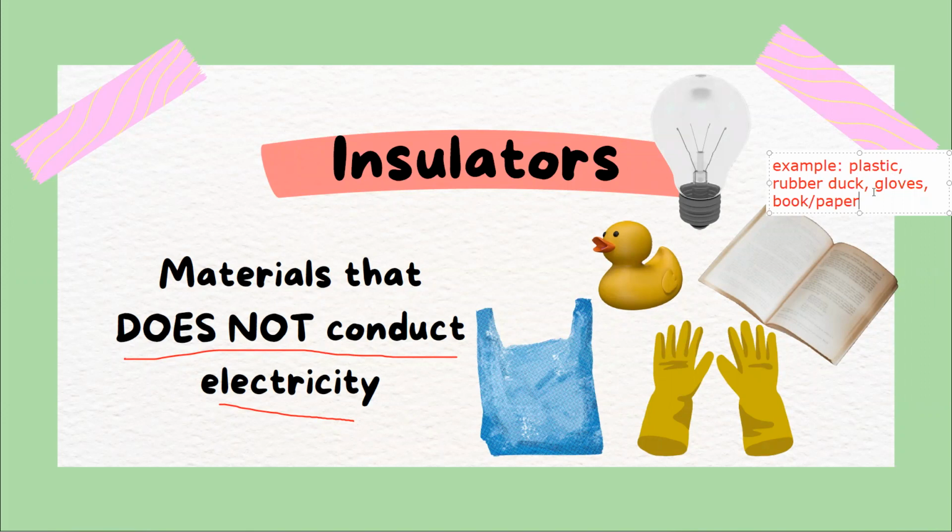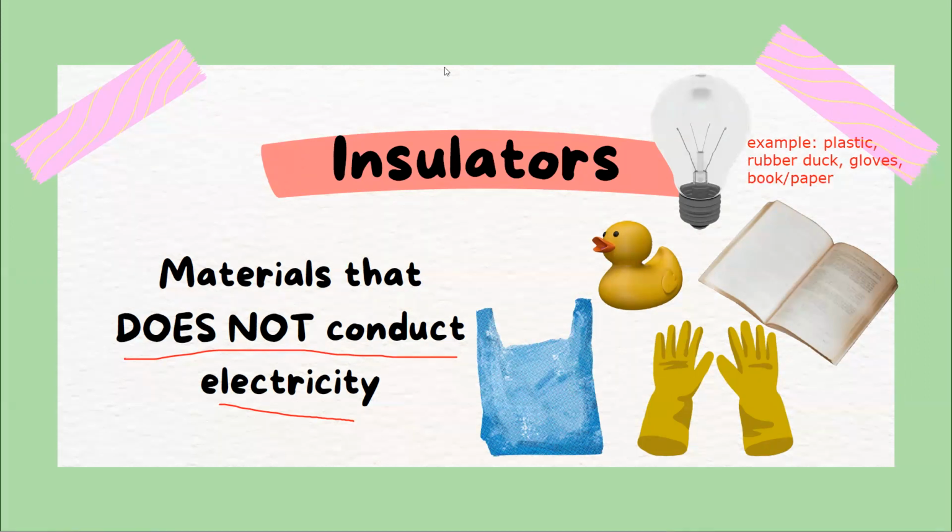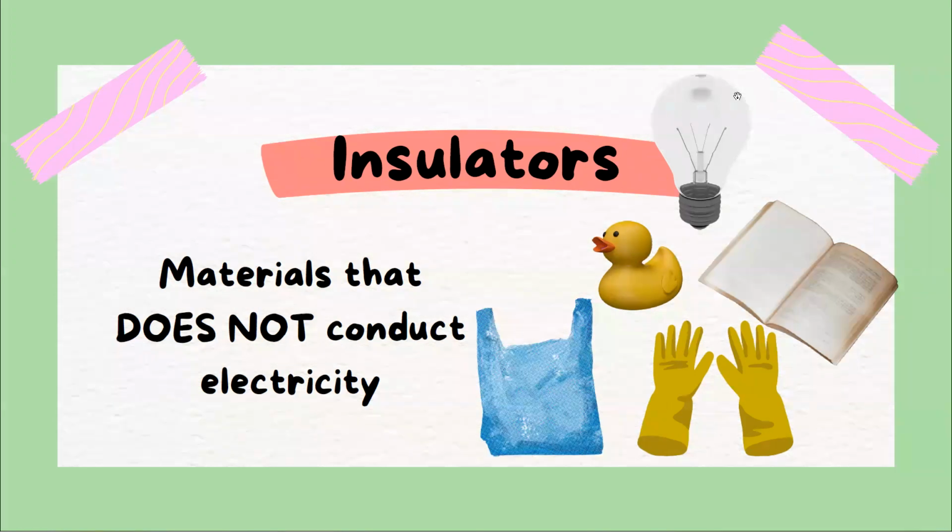These are the examples. There are many more actually, but these are the most common examples that people usually give, and I would give also to my students. So far so good with the whole conductor and insulator? Very good. This is just the added knowledge I want you all to learn.